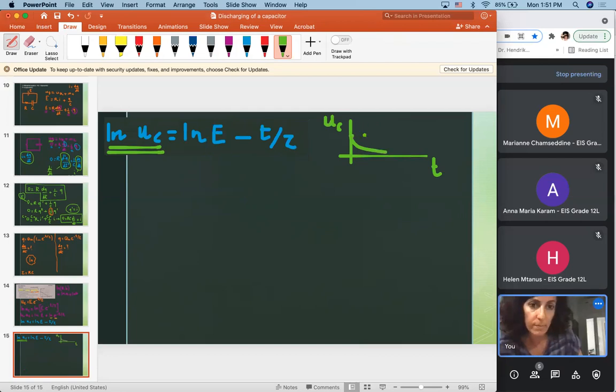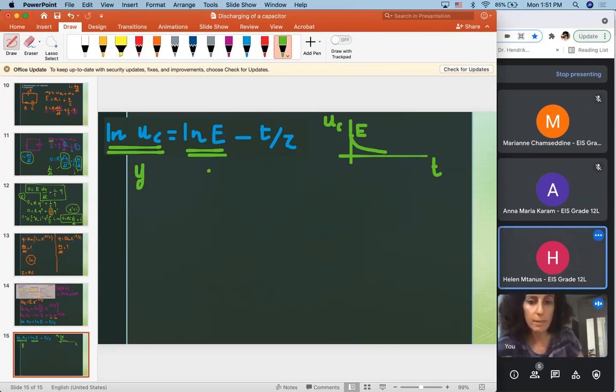Isn't that so? So it is a function. UC is a variable with time, meaning ln UC is a variable. I'm gonna call it Y. Y is a variable. ln E is a constant. Pay attention: E is the maximum voltage, for example 20 volts, so ln E will be a constant.